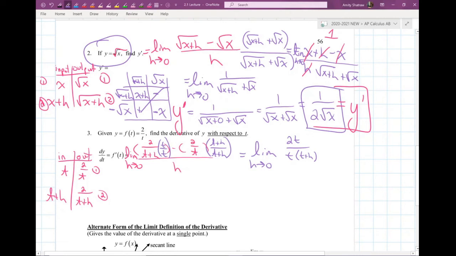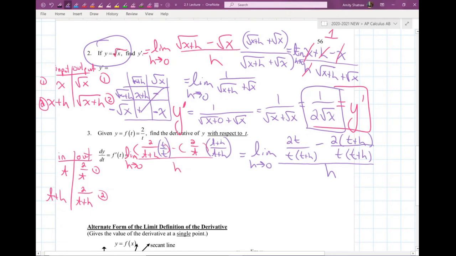And I'm going to be minusing, ready, 2 times the quantity t plus h, and this is all over that mess, t times t plus h, and then this whole thing is still over h.